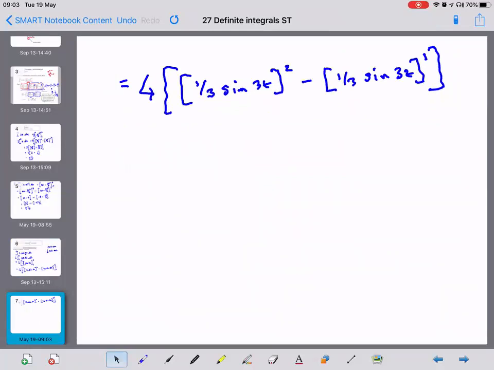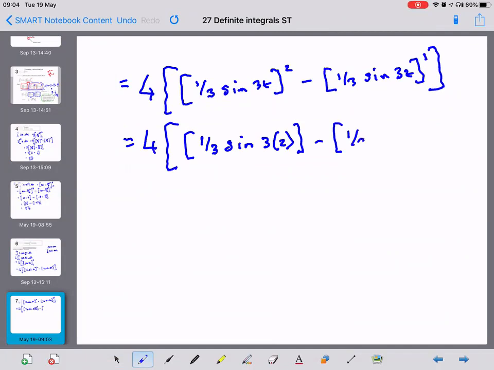So what you're going to evaluate in your calculator is 4, outside brackets, 1/3 sine 3 times 2. Calculator in radians, remember. Take away 1/3 sine 3 times 1.